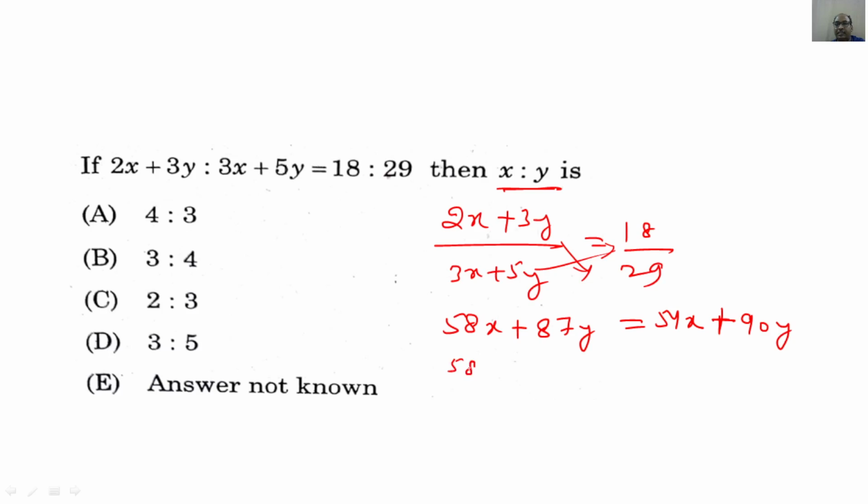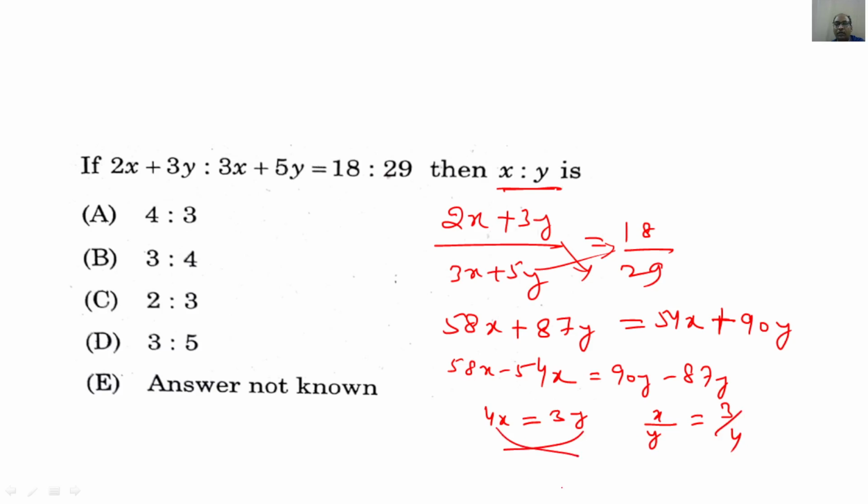So 58x minus 54x is equal to 90y minus 87y, and this side it has become 4x, this side it has become 3y. Okay, so x by y is equal to 3 by 4. So this y will come here, this 4 will go that side. So x by y is equal to 3 is to 4. So that is x is to y is equal to 3 is to 4, this one.